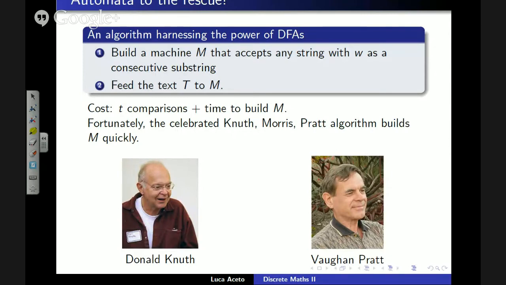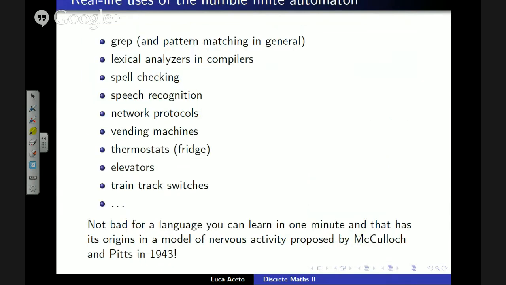There is linear algebra inside there of some form. Okay, so is grep the only thing where I can find finite automata? Well, the answer is absolutely no. Lexical analyzers in compilers, whose job is to take your program and divide it into what are called tokens, are DFAs. Spell checking is done by DFAs.